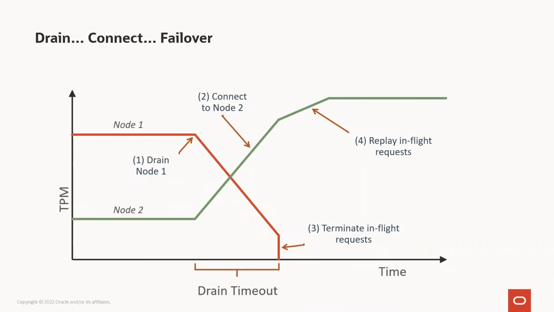Okay. At the same time, of course, we've stopped any new work coming to node 1, but we want to finish the processing there, and we effectively drain it, as we call it. The term is workload draining. We're actually processing the in-flight database requests and sessions to their conclusion over a particular time, the drain timeout, as we call it.